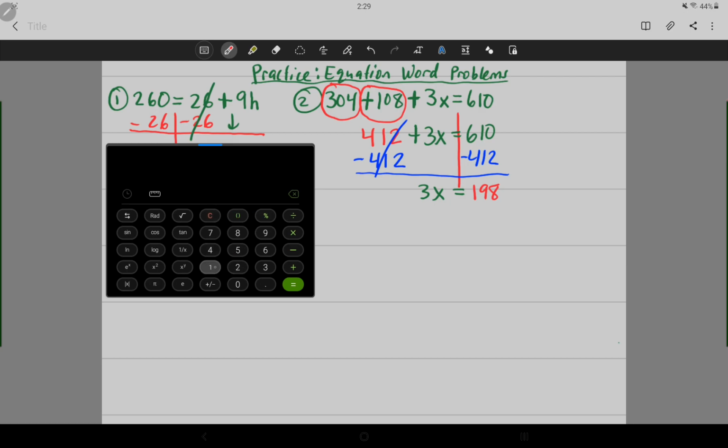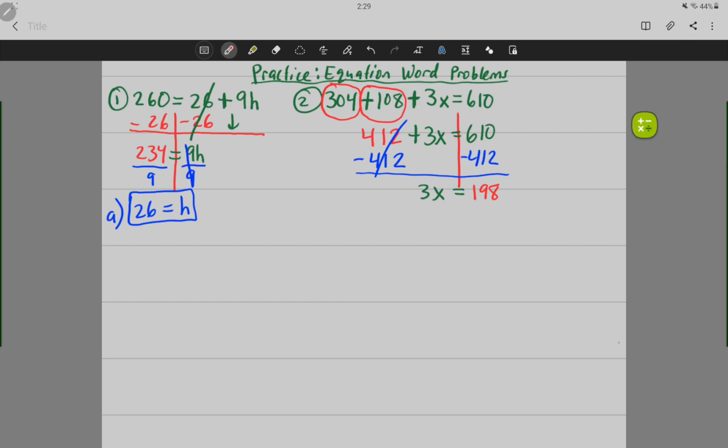Now, last step, we want to divide 198 by 3, since it says there are equal amount of people. That's multiplying 3 times x, so the opposite or inverse of multiplying is to divide. So we divide both sides by 3, and we get x by itself. X is equal to 66, so this means that each of those 3 sections have 66 people. All right, so that's choice C.